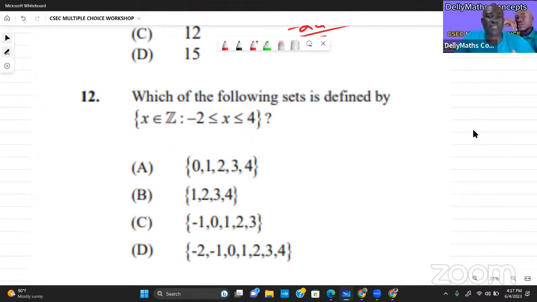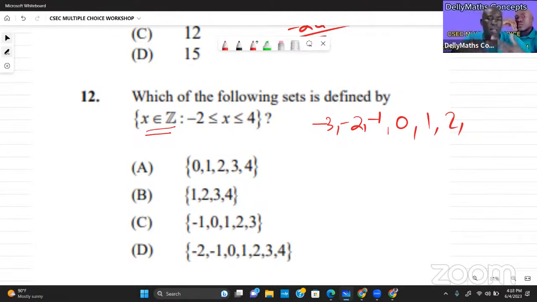Which of the following sets is defined by x is less than or equal to 4, greater than or equal to -2, x is an element of Z? This refers to integers. What are integers? Integers are negative whole numbers along with whole numbers and 0. So we have 0, all the whole numbers, and the negative of the whole numbers.